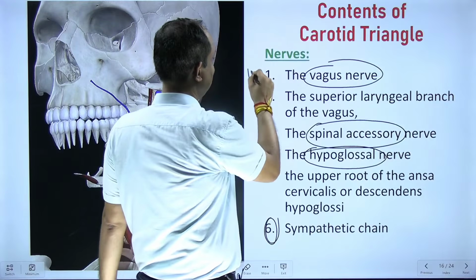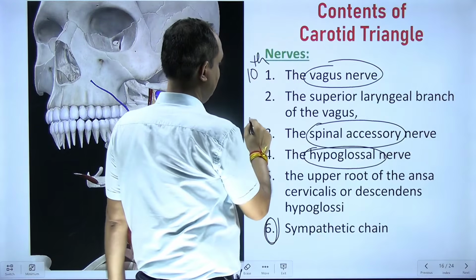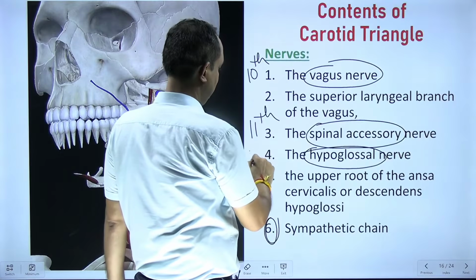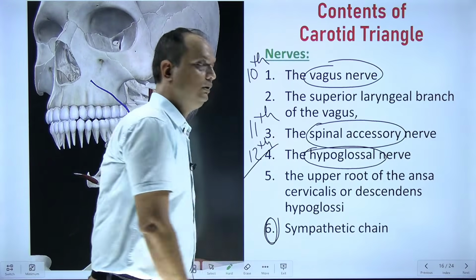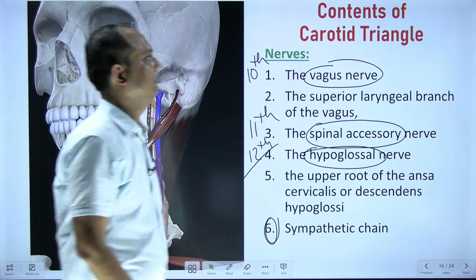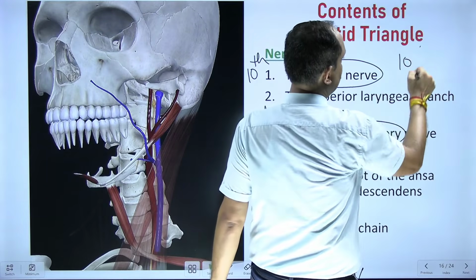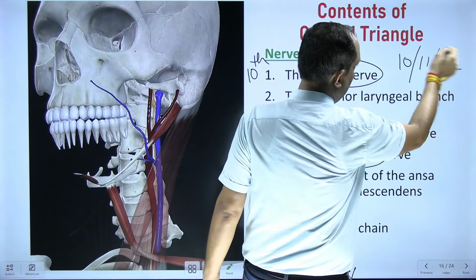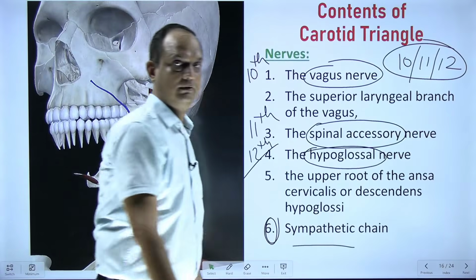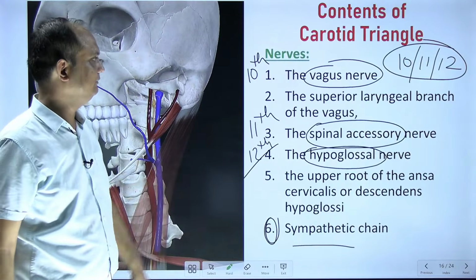So you will have the 10th, 11th and 12th cranial nerves. When you are talking about the carotid triangle, you will find the lower 3 nerves 10, 11 and 12 along with the sympathetic chain. Clear? So let's see these nerves one by one.